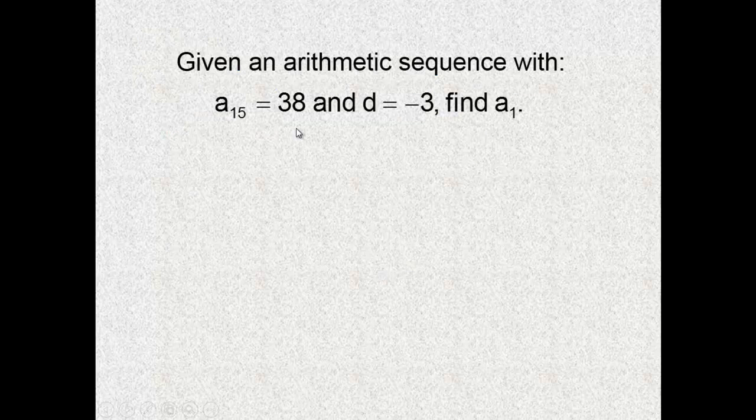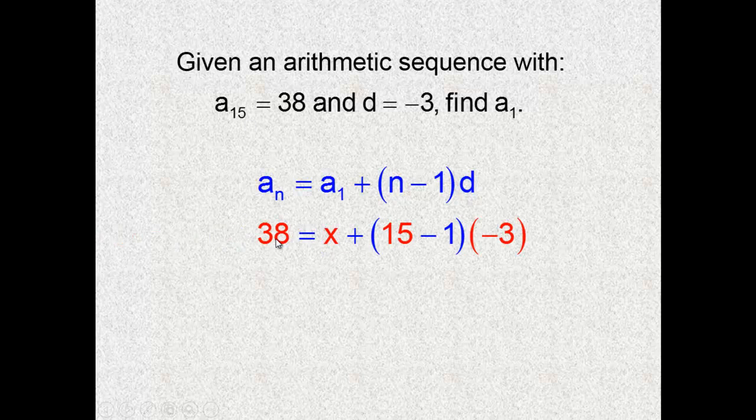Given an arithmetic sequence with a_15 is 38 and d is -3, find a_1. Substitute into this formula, guys. a_15 is 38, a_1 we don't know, x, n is 15, we know from this one. d is -3, so we get x is 80.